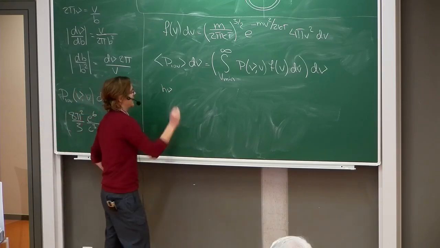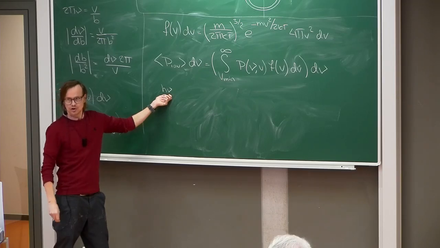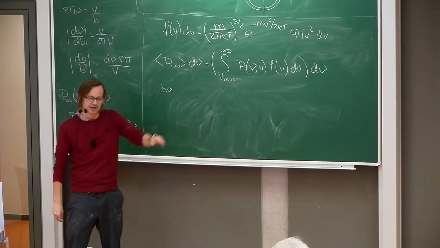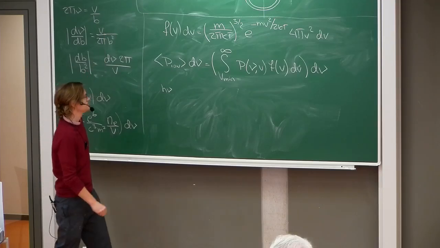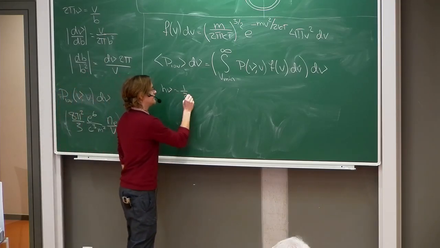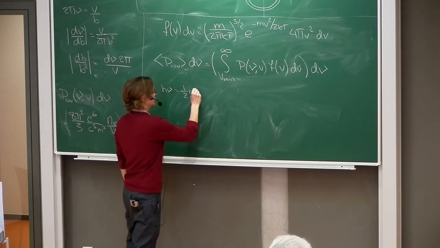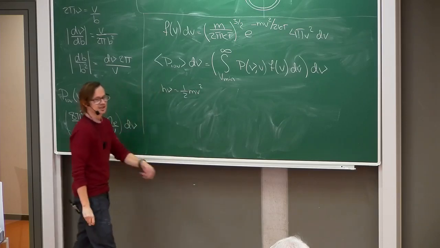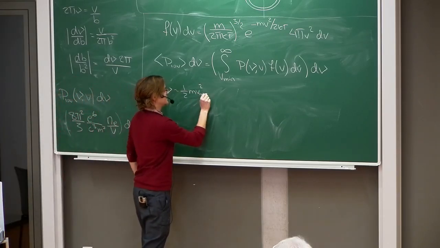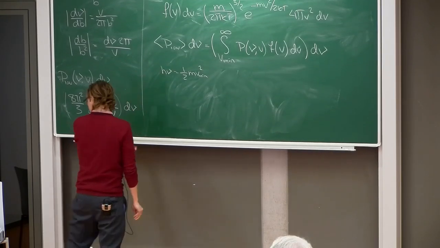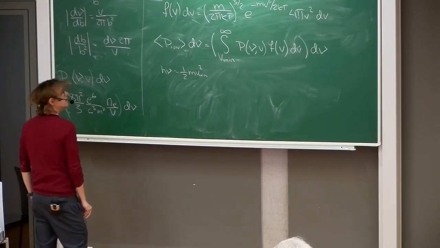You can't have energies h nu of the emitted electromagnetic radiation that are higher than the actual kinetic energy of the electrons. So this sets a minimum velocity.